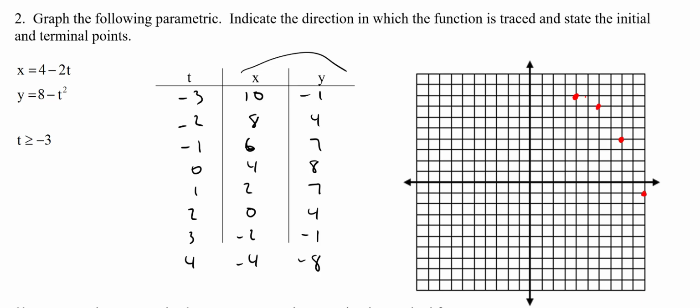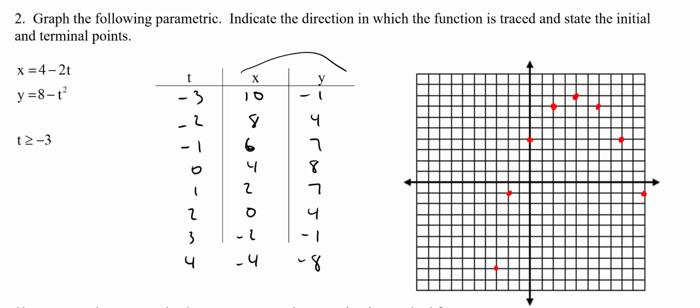This is all a 10 by 10 grid here, so it's easy to graph. 2, 7. 0, 4. -2, -1. And -4, -8.